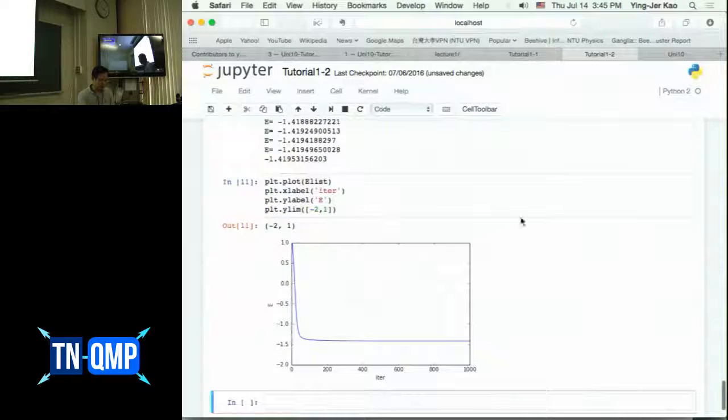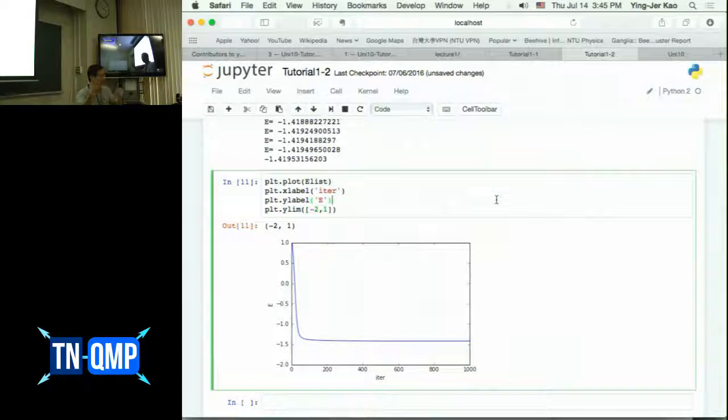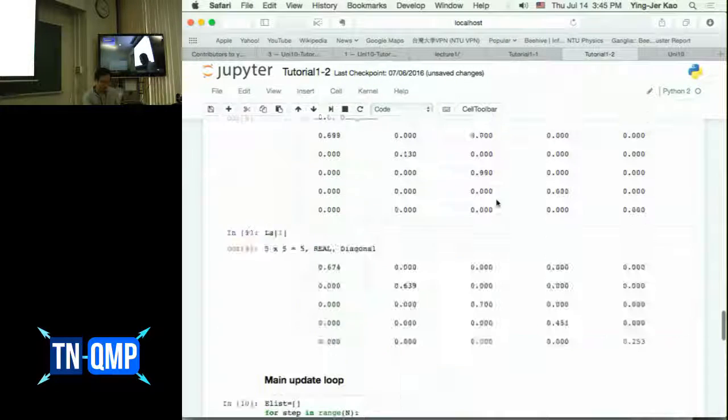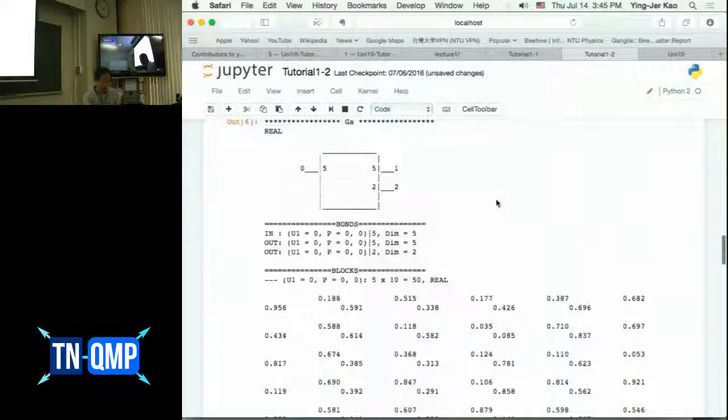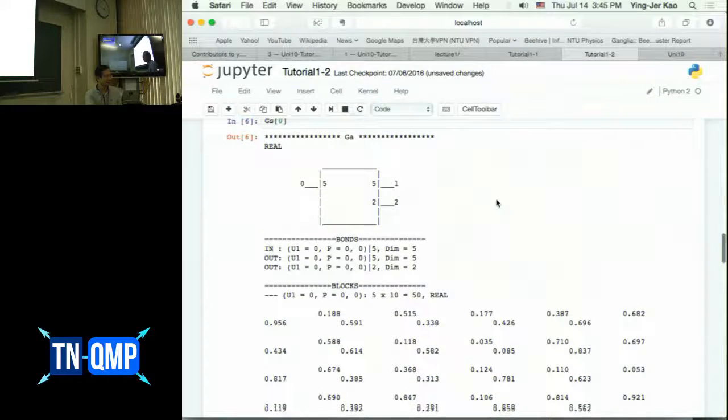The good thing about Python is that you can just take the data and plot it directly. Okay, so this is the convergence. This is a 1.2 transverse field. Any questions? I'm not sure this way it works.